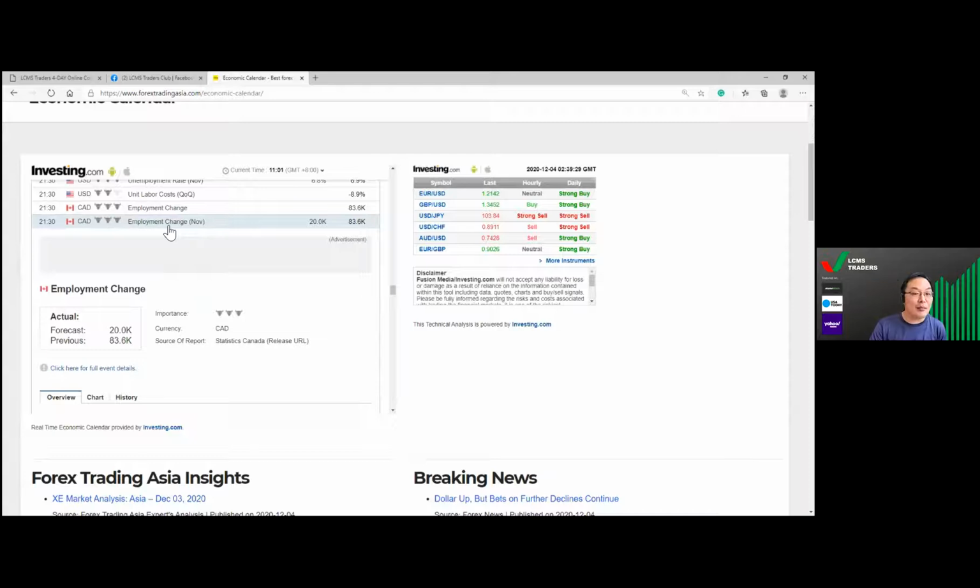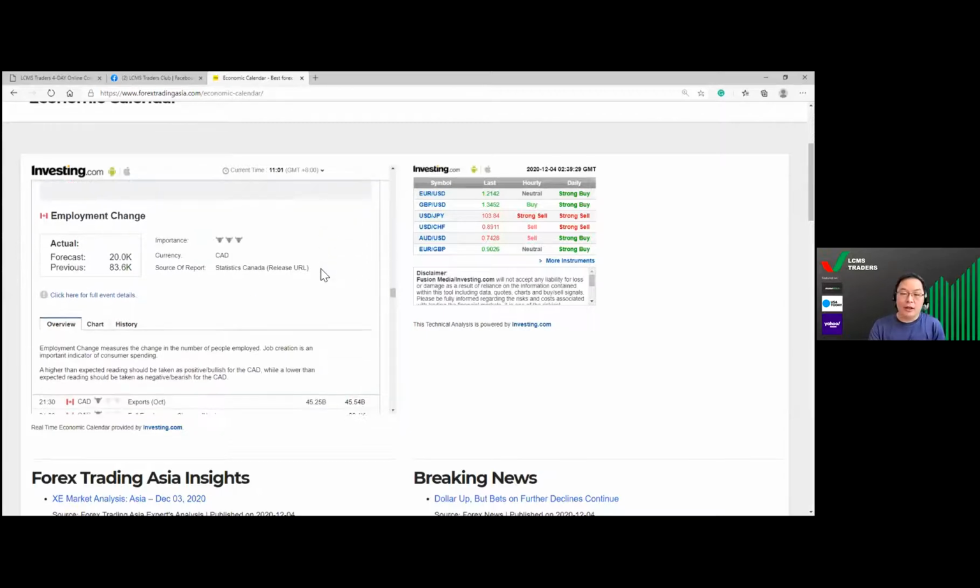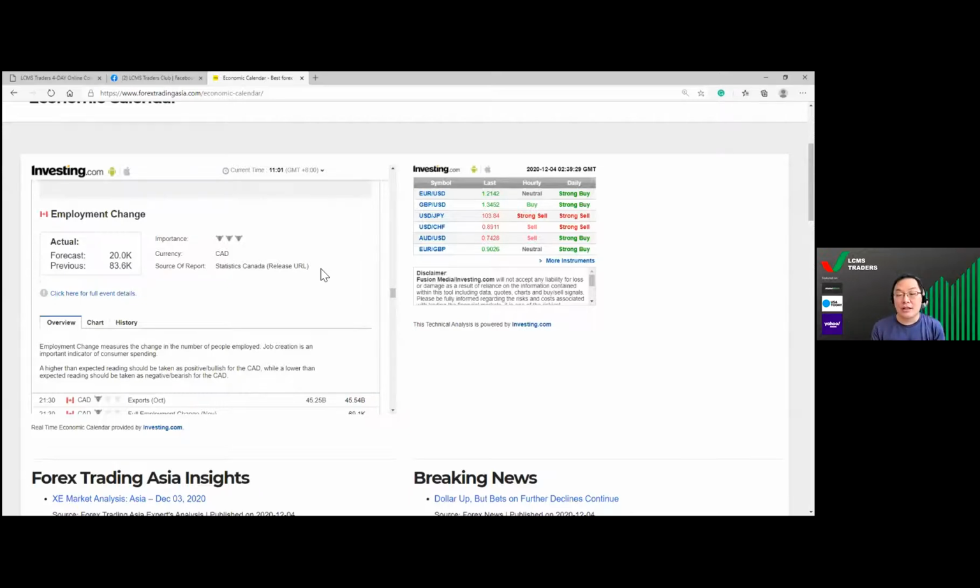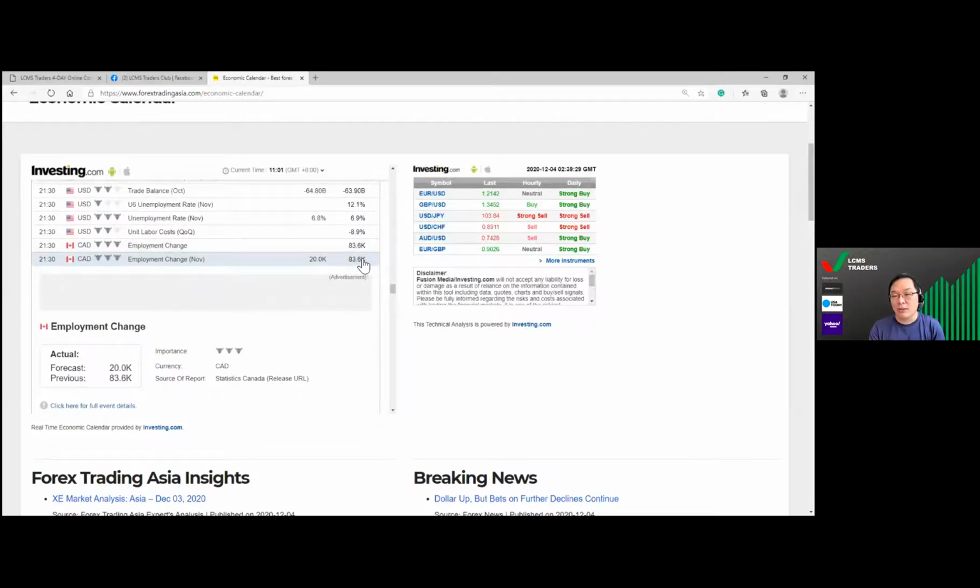Employment, not unemployment, which means they don't think it's going to be very good. They think that because of COVID-19, fewer people will be employed. Last month it was like 83.6K, and now they expect 20K because of the impact. Overall they don't think it's going to go very well.